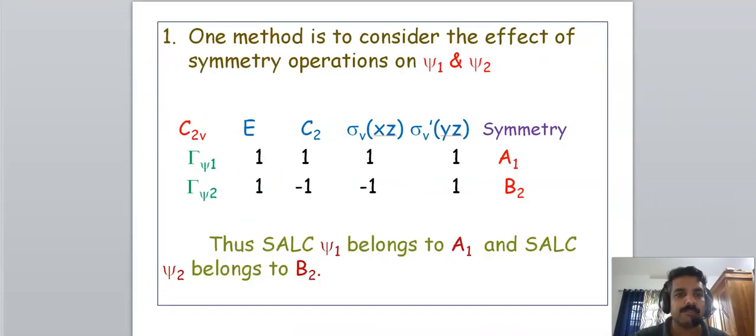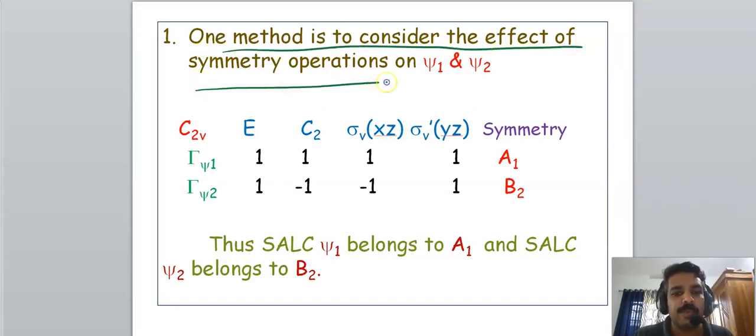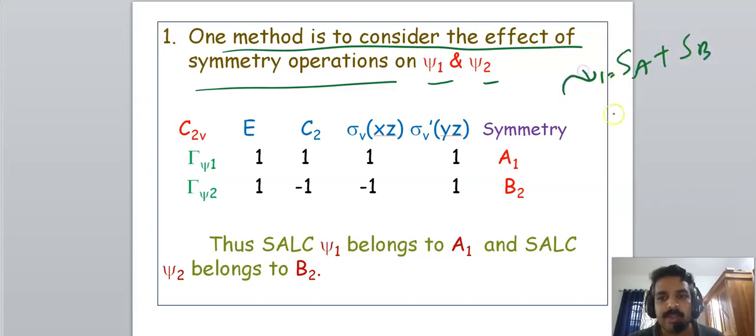The first method is to consider the effect of symmetry operations on psi1 and psi2 directly. Psi1 is SA plus SB and psi2 is SA minus SB.